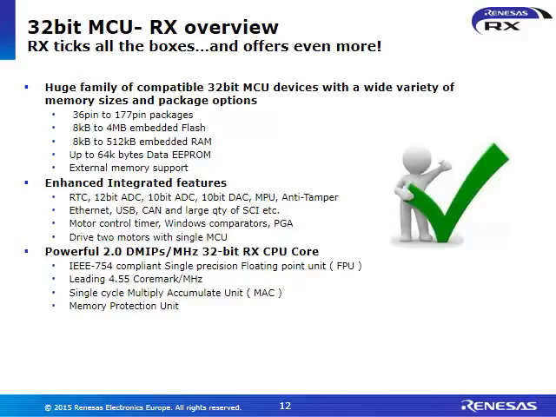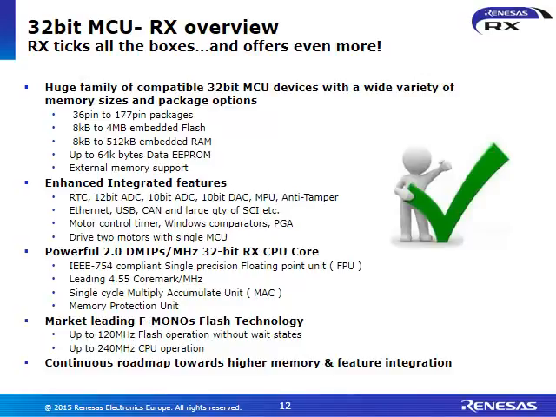And it's quite a powerful device, offering you 2 DMIPS per megahertz. Overall, it's a leading edge device, offering you also 4.55 CoreMark per megahertz. And if you check that online, you will see we are one of the leading cores in that class of devices. Market-leading mono flash technology is one of the benefits on the RX devices.